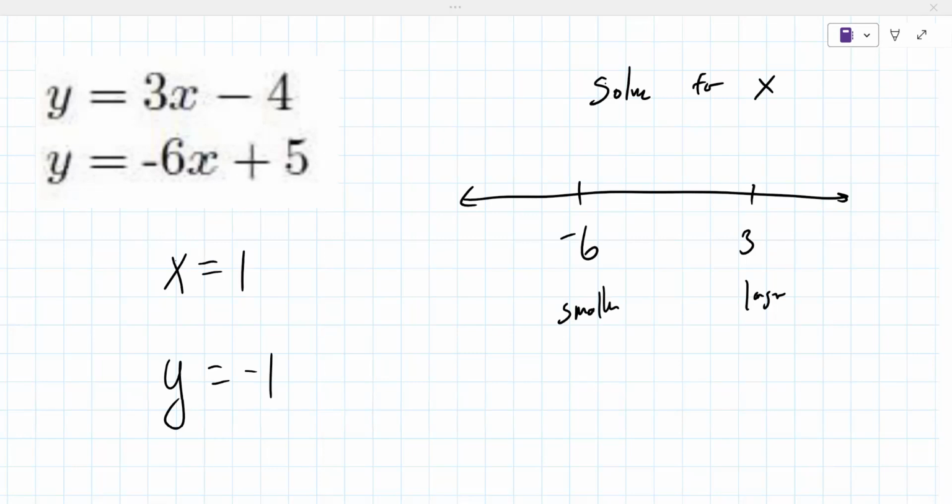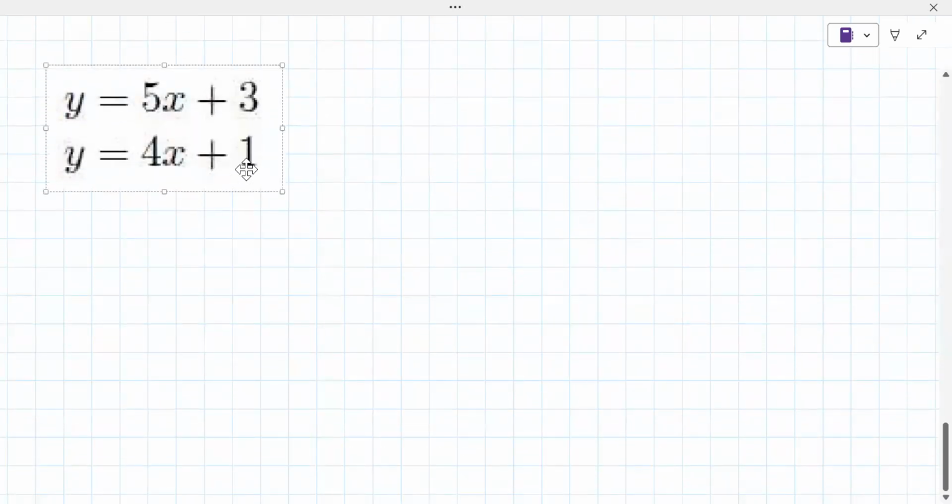So let me have you try another one here, and I want you to solve for both X and Y. Just like you've been doing, set the equations equal.